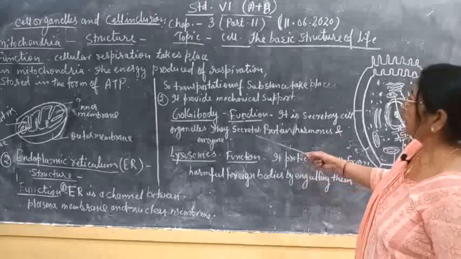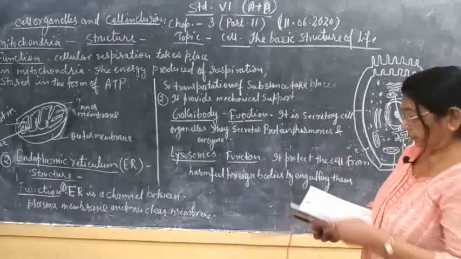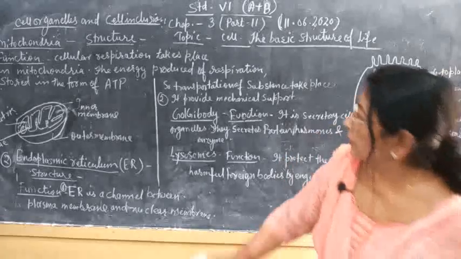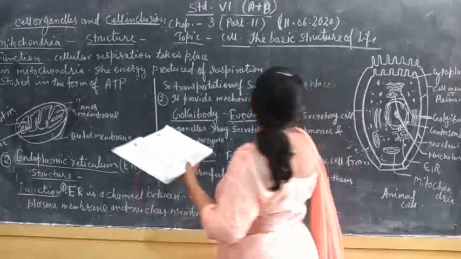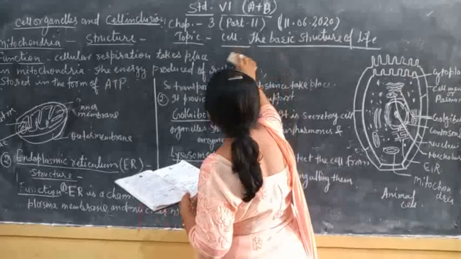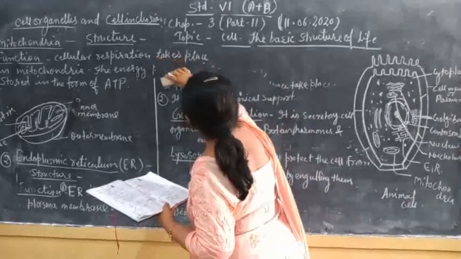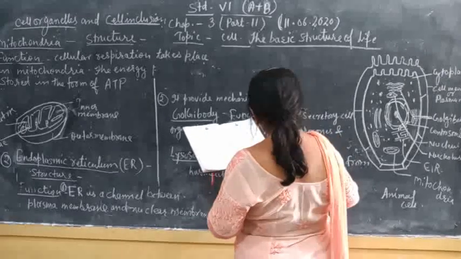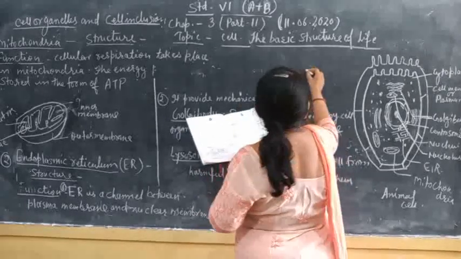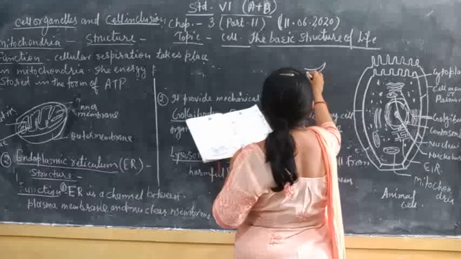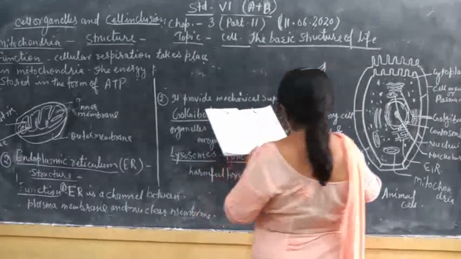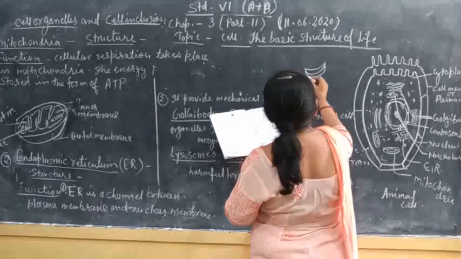Third one is Golgi body. The Golgi body is composed of sac-like structures arranged one over another.